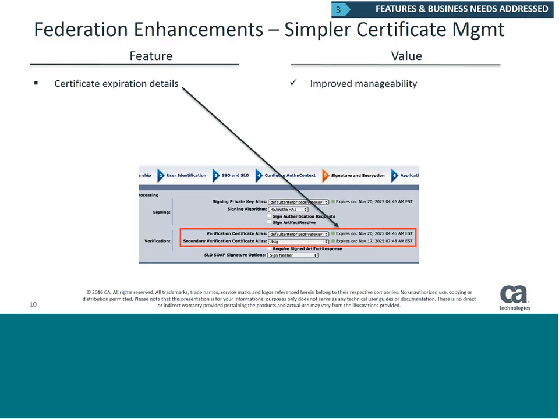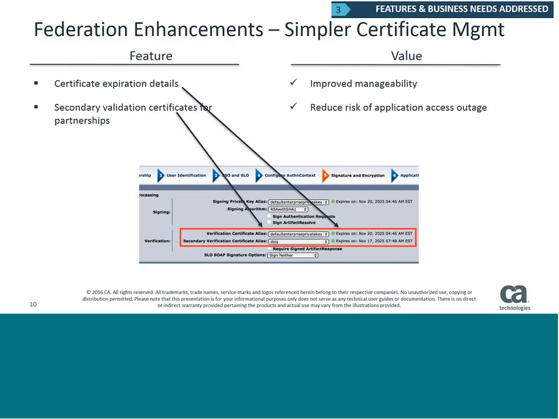So the first area that we spent time and energy on is around certificate management. You'll see in the 12.6 administrative interface that in a number of different places within the administrative UI, you will be able to see certificate expiration details associated with the certificates that are being used.